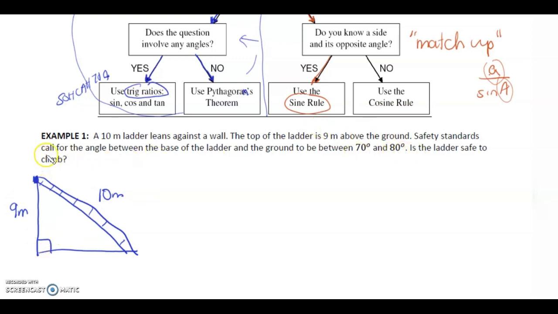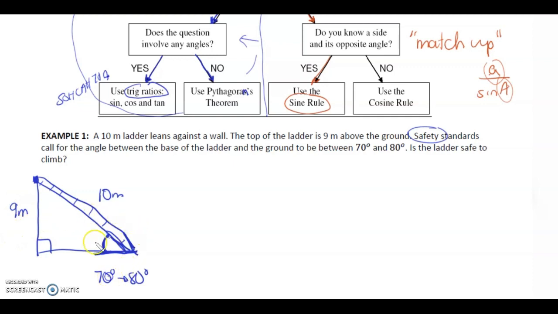Safety standards call for the angle between the base of the ladder, which is down here, and the ground, which is here, to be between 70 degrees and 80 degrees. That would make it safe. So the question is, is the ladder safe to climb?